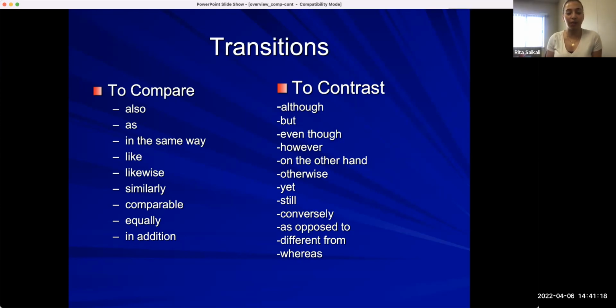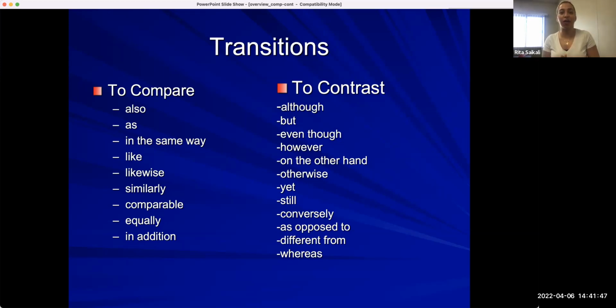As the BMW is this, in the same way, you drive the car in the same way. I don't know anything about cars, you guys. But as you drive a BMW, you can drive a Honda Civic, or whatever we decided to do, right? So you can do as, in the same way, like, likewise, similarly, comparable, equally, in addition. These are all things that compare.